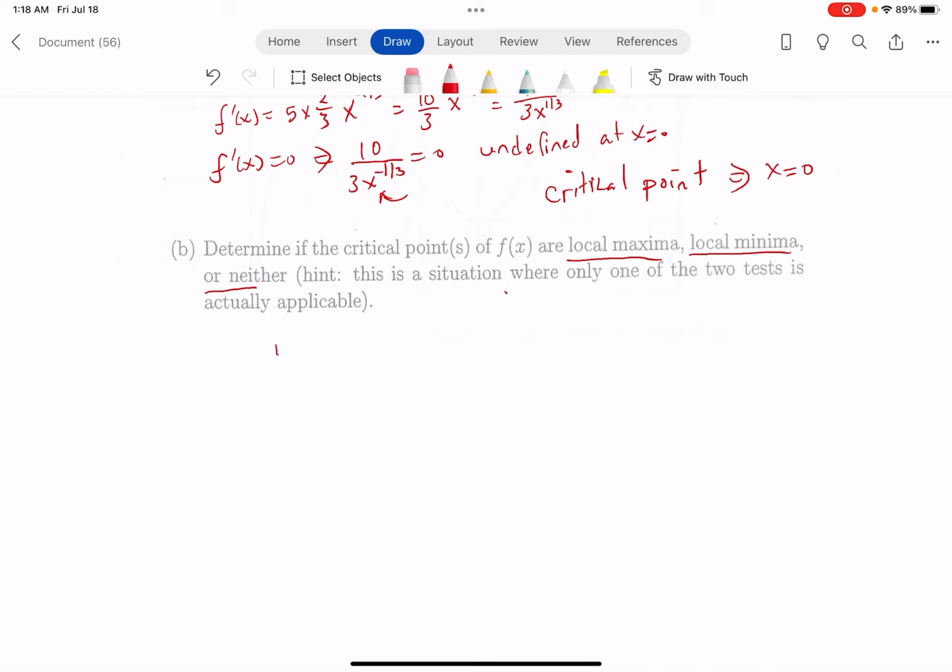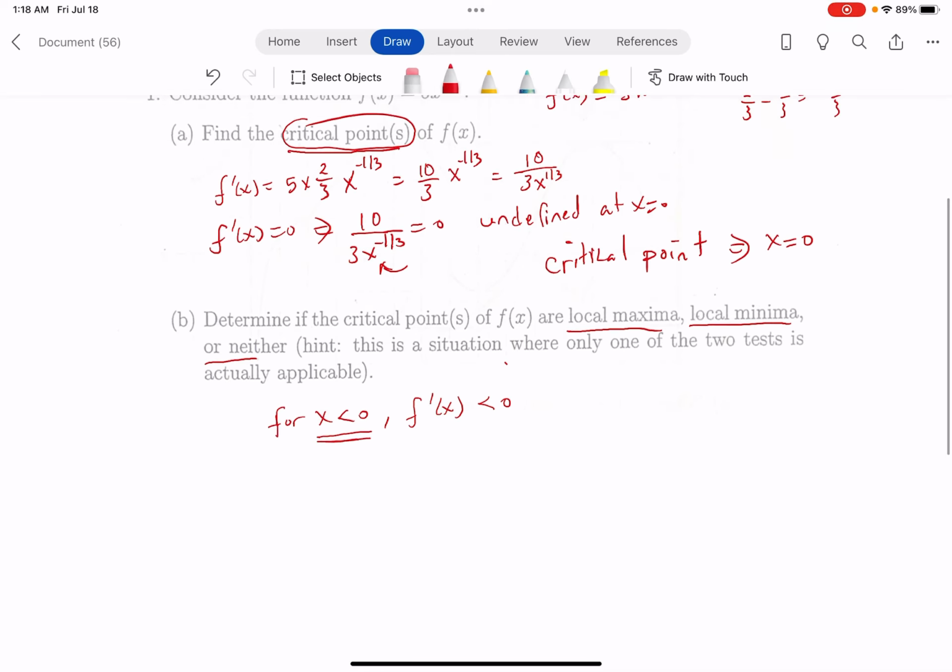For x less than 0, which is negative, f'(x) is less than 0.